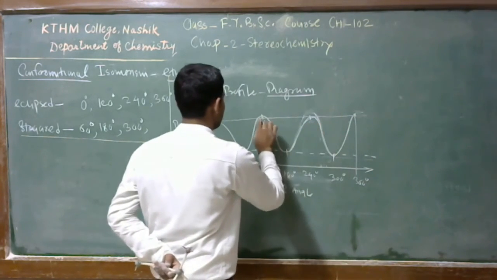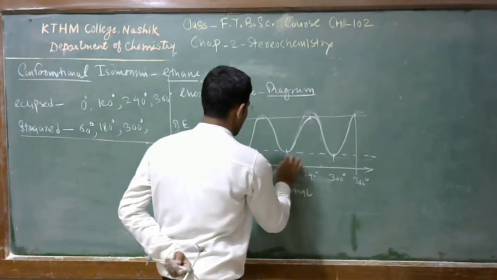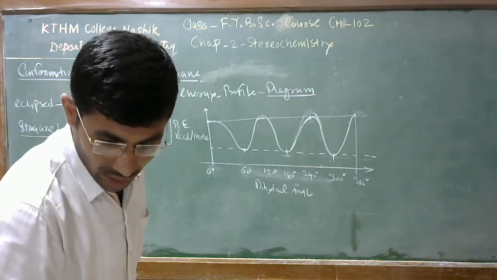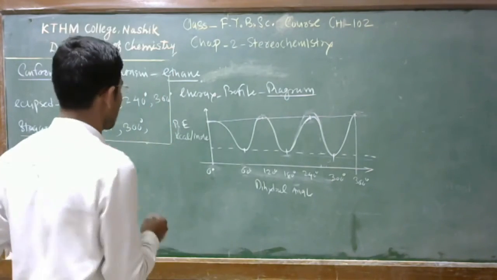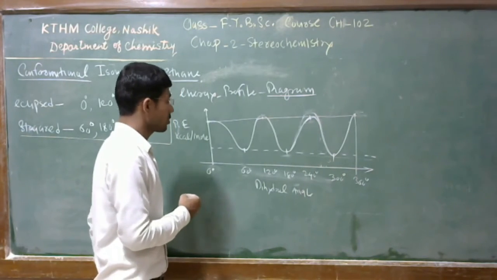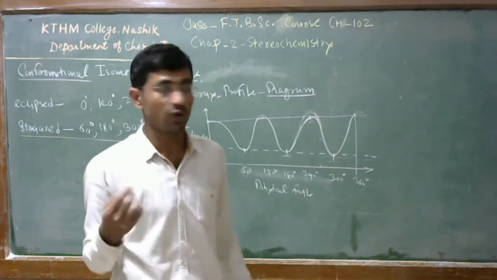So this diagram we can draw. When we consider this type of graph, we can see how the potential energy of the molecule changes by carbon-carbon single bond rotation.